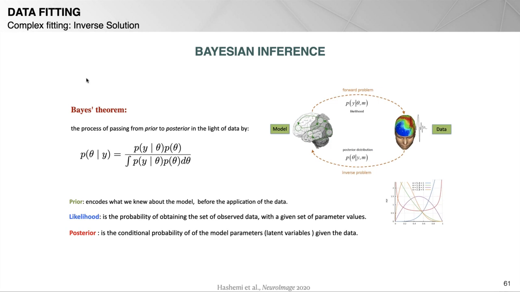The prior, so the prior p(theta). We propose a distribution of excitability values according to our knowledge about the parameters.